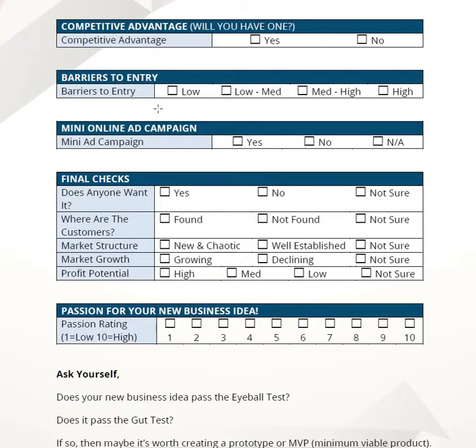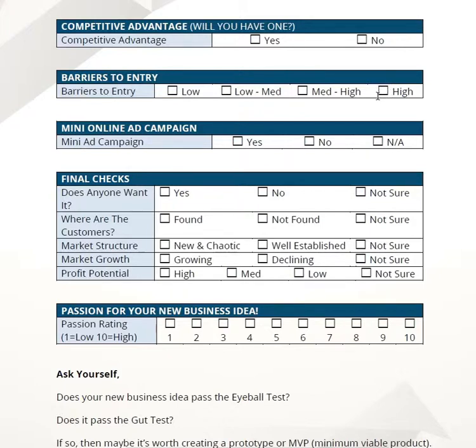Barriers to entry. So this is both a good thing and a bad thing. So you need to ask yourself after you've gained all this information from above, what are the barriers to entry for this idea? Are they low, medium, or high? Barriers to entry are good and bad. They might be bad if barriers to entry are high for you to get in.